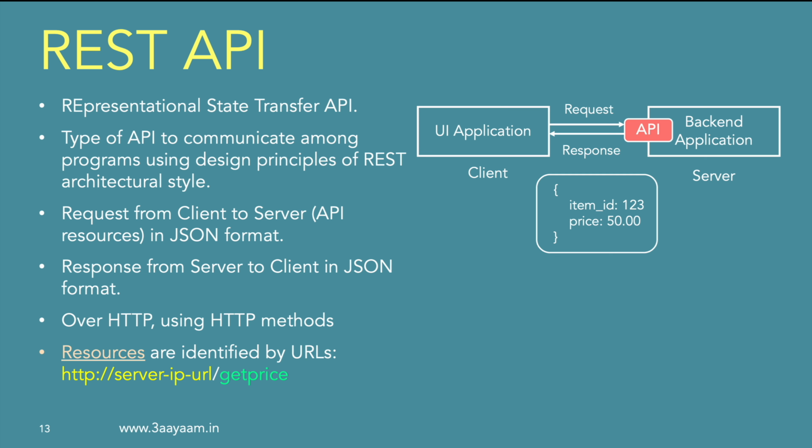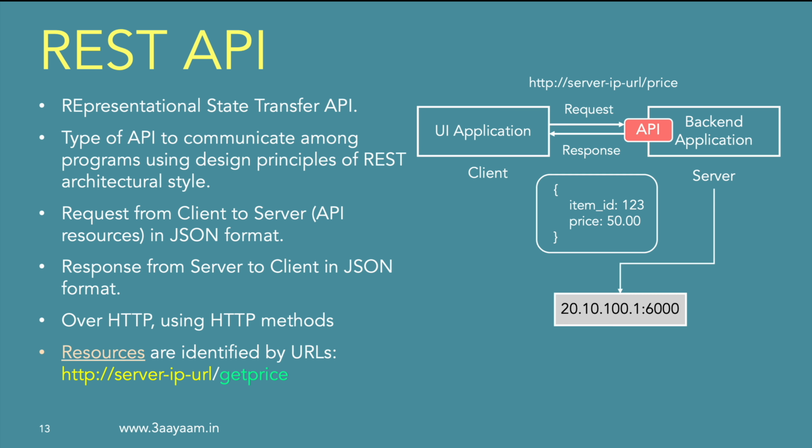If the backend server is exposing an API, the way to call that API would be using the URL format. So the request would be sent to this particular endpoint, HTTP, the server IP or the URL of the server followed by the name of the API. If you do not have a server URL, you can use the IP address also.